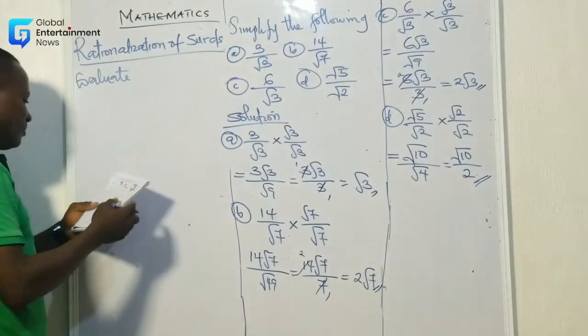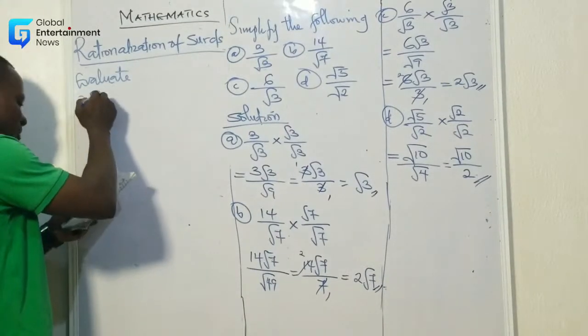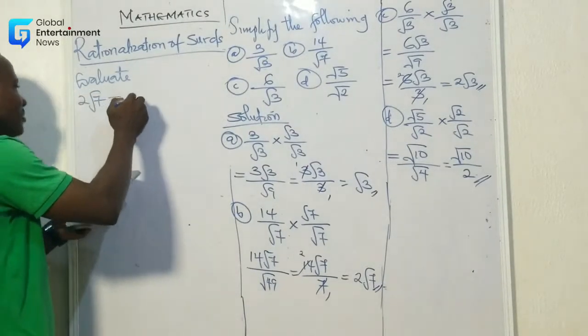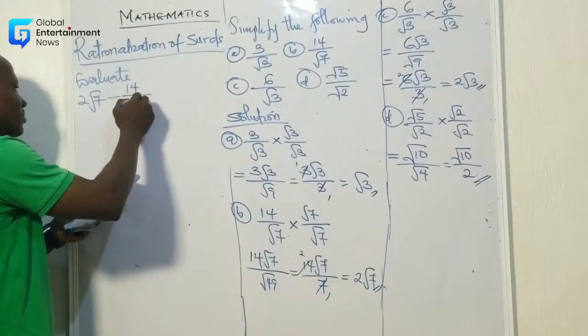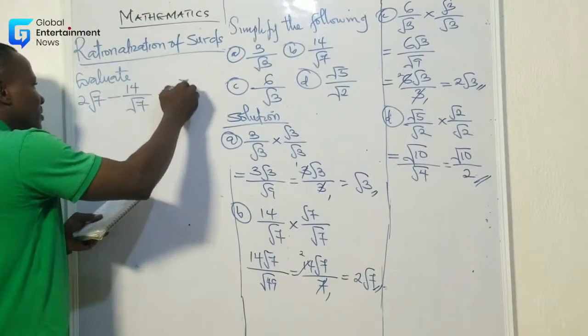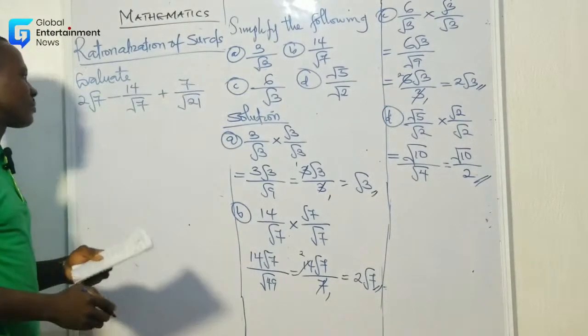We have 2 root 7 minus 14 over root 7 plus 7 over root 21.